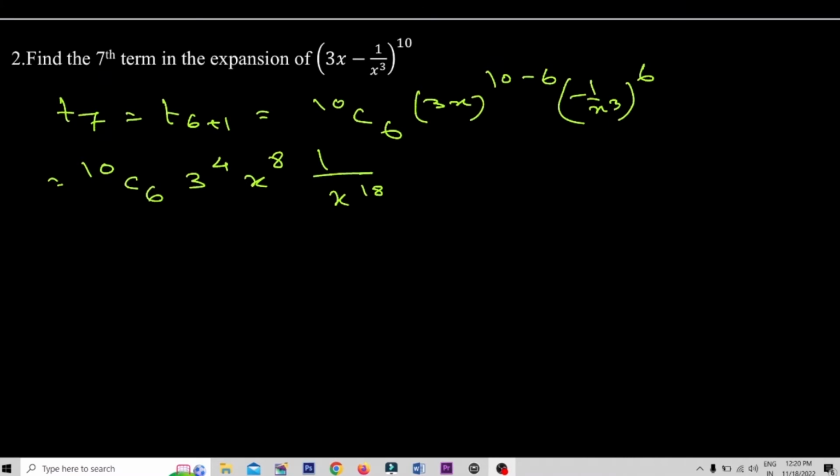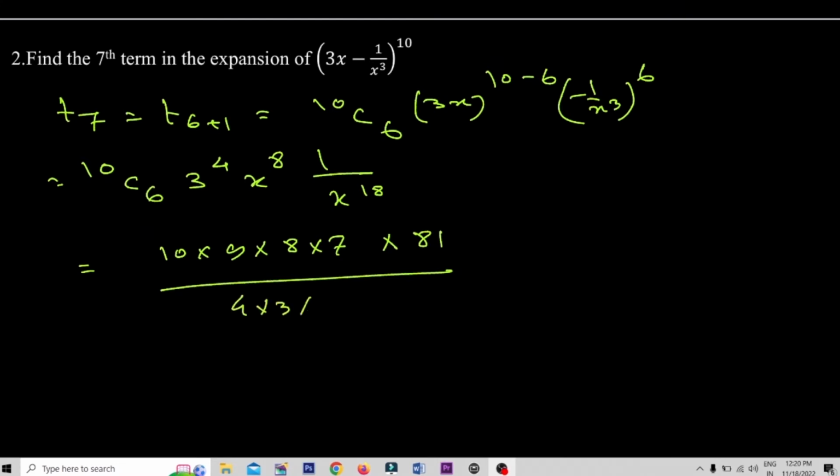So finally, if we calculate here, we are getting 10 into 9 into 8 into 7 into 81, total 3 to the power 4 is 81 in this case, by 4 into 3 into 2 into x to the power 10. So finally we are getting 17010 by x to the power 10. So this is the 7th term.